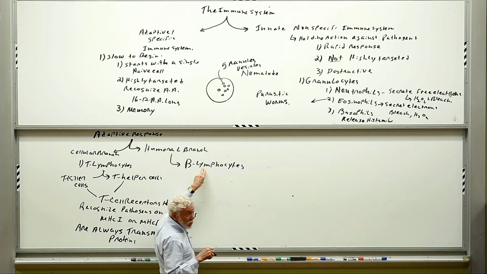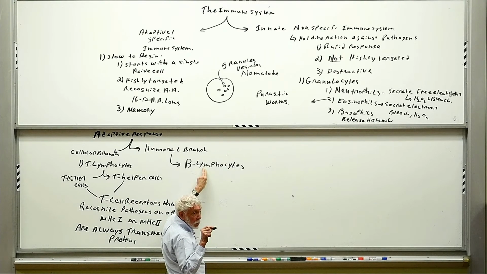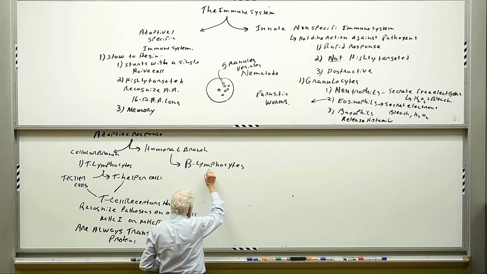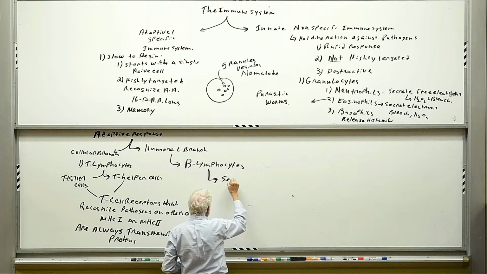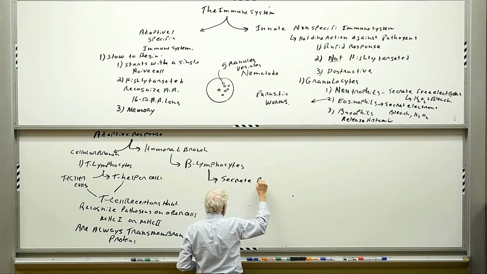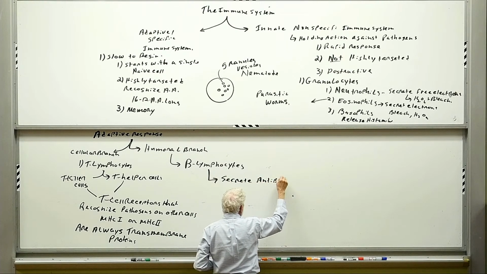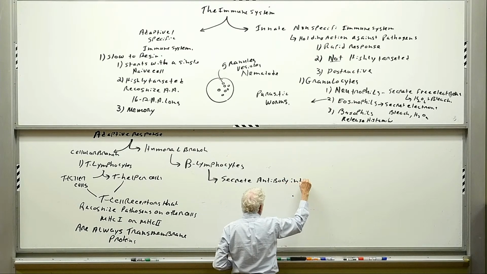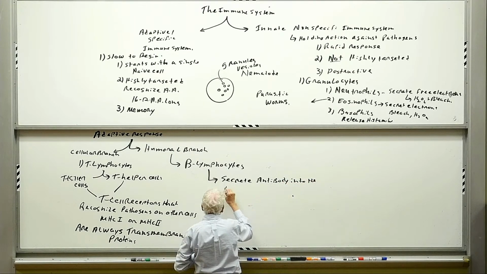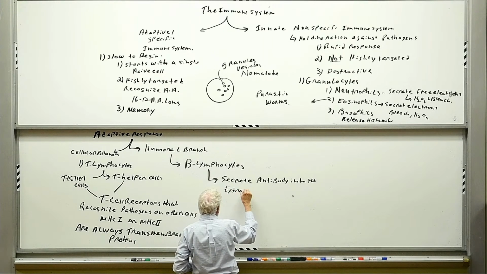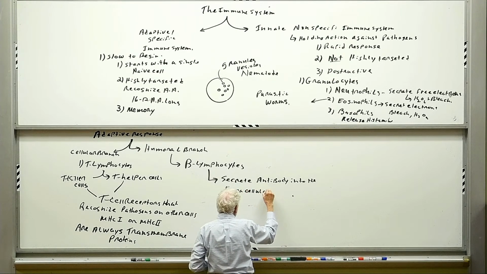When we look at the B lymphocytes, we'll see there's a period of time when they're transmembrane proteins. But in fact, for the most part, B lymphocytes secrete antibody into the extracellular space.